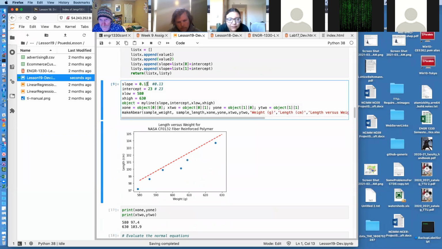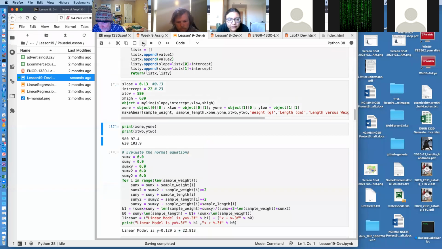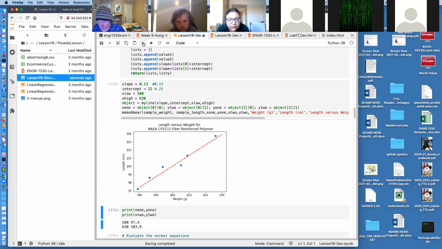And if we reduce the intercept a little bit, let's see what effect that has. Okay, so reducing the intercept from 23 to 22 has the line kind of passing through. We have 1 point below the line. This point would probably be below the line if it projected. We have 1, 2, 3, 4 above the line.